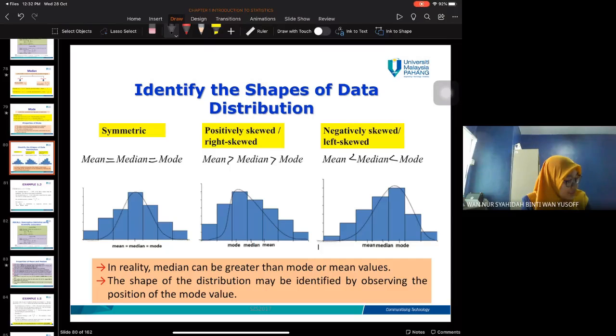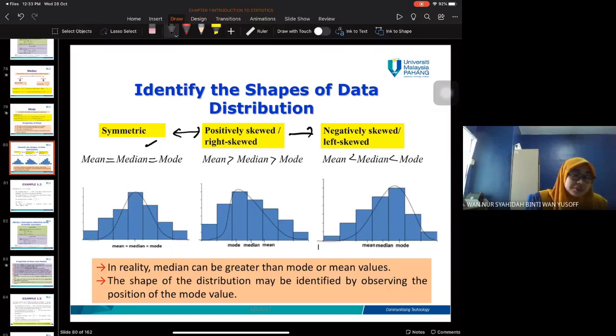This is the only three shapes that we can get by using mean, median, and mode: either symmetric, right skewed, or left skewed. There is no bimodal, no uniform, no J shape, no reverse J shape. Those come from the histogram.